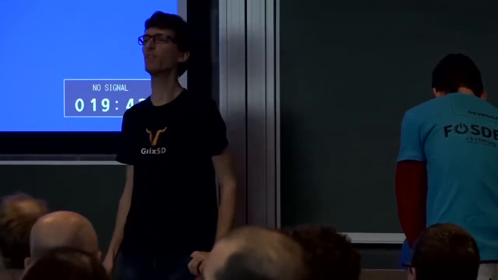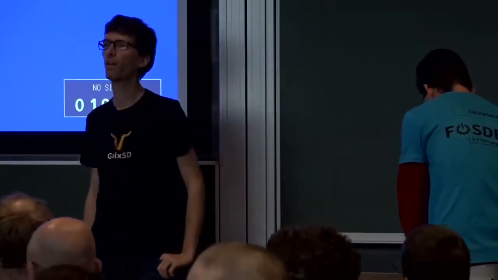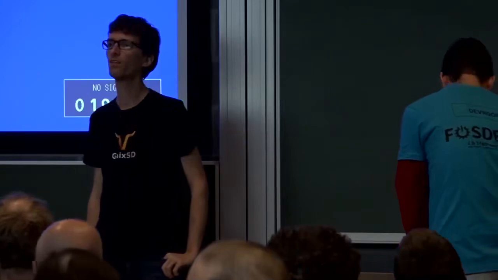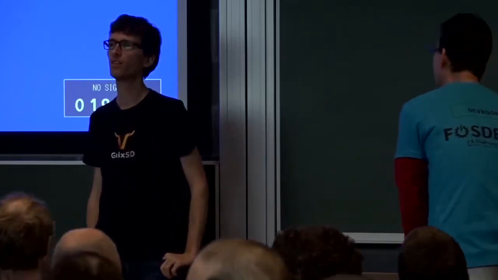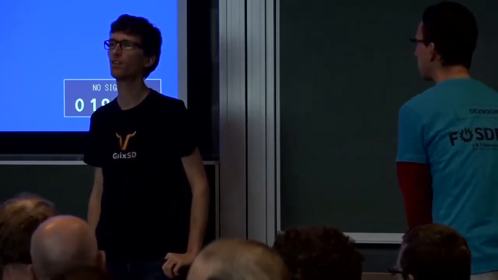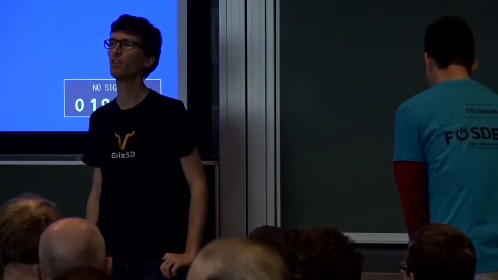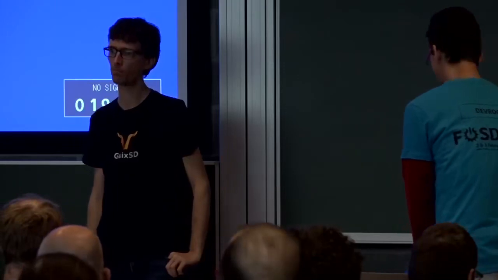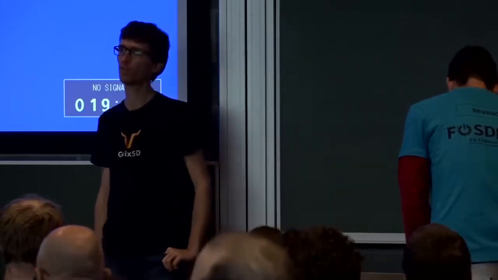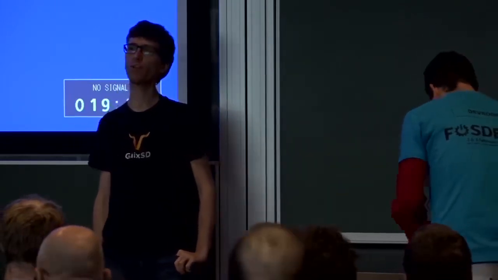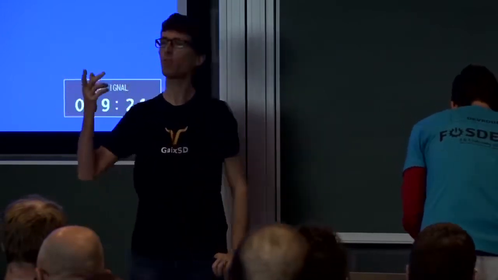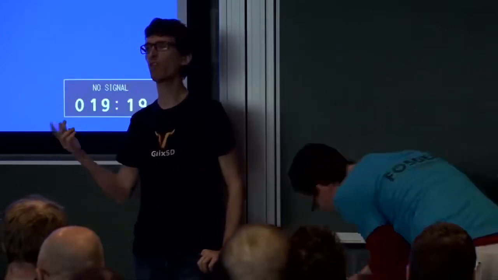Yes? Are there any ideas on bringing atomic upgrades and transaction-based constructs into a system level? So you can not only install packages in a transaction, but configure entire systems in that manner. All right. So the question is, do we have any plans to support transactional upgrades at the system level?